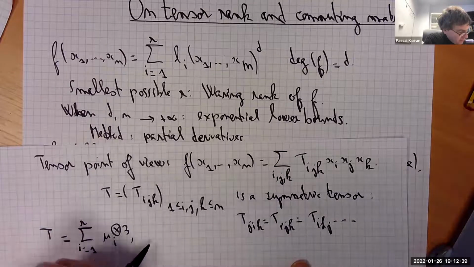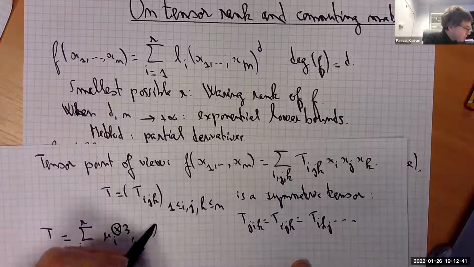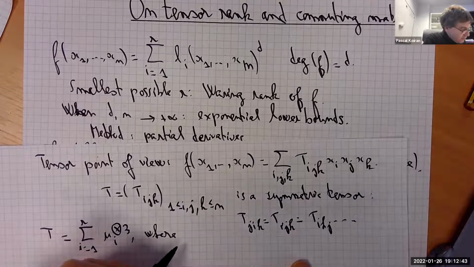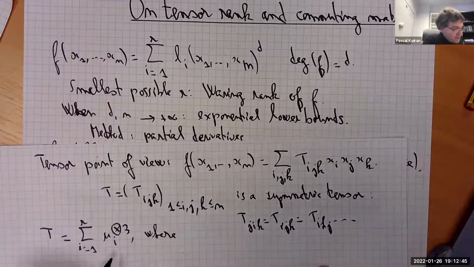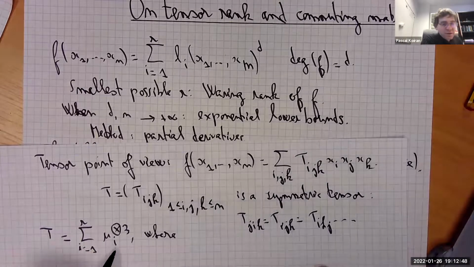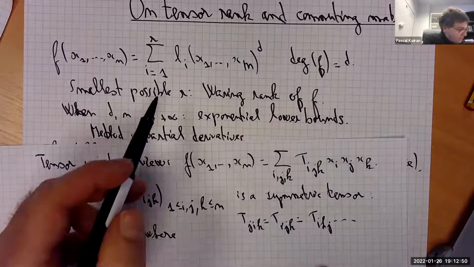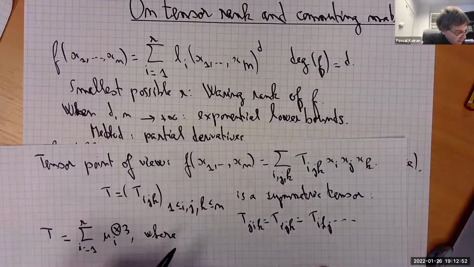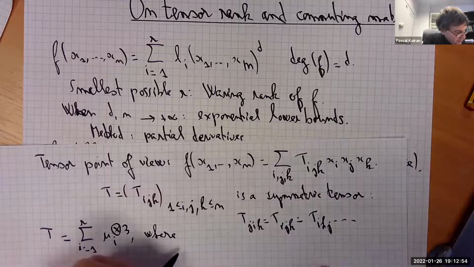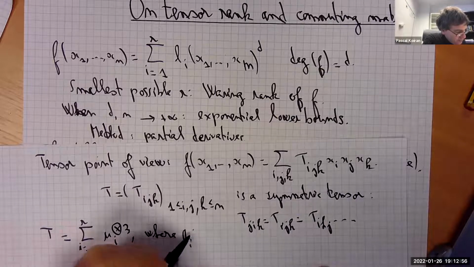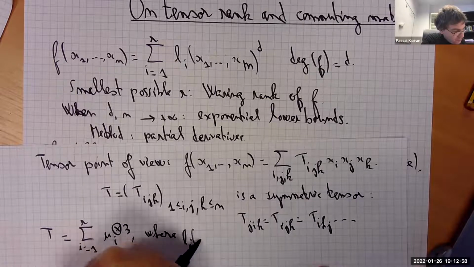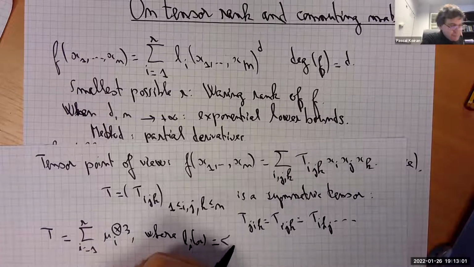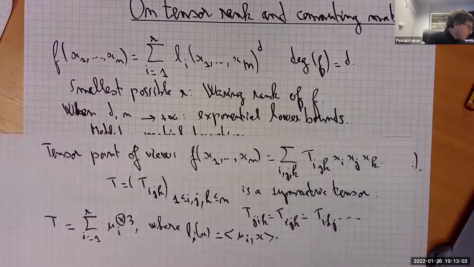The u_i is basically just the vector of coefficients of a linear form here, right? So the linear form is just the inner product of u_i and x.